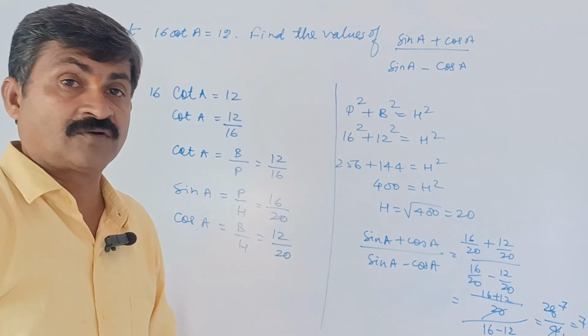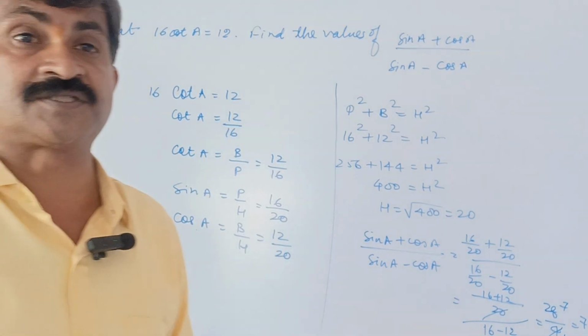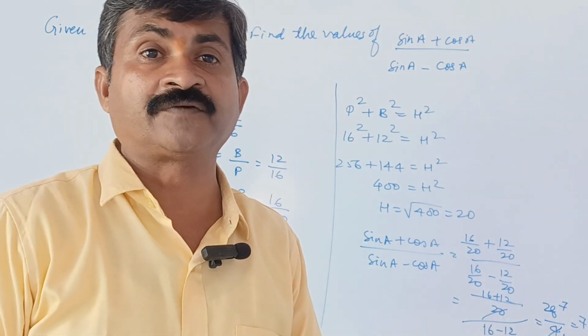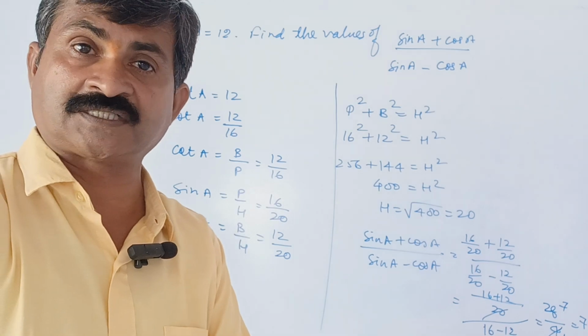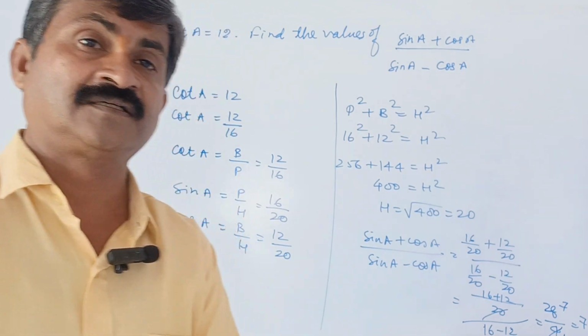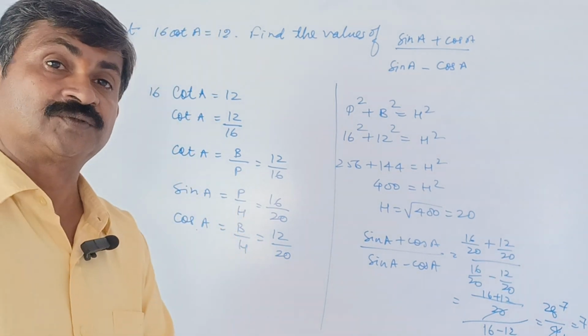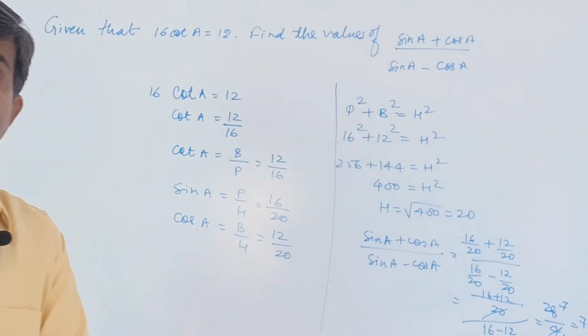So this way we can go with more questions based on trigonometry, and you can do it very easily by just knowing the trigonometric ratios as well as identities which will be required to do it very easily.